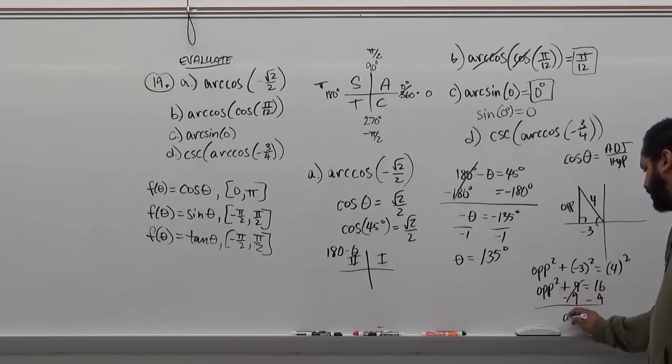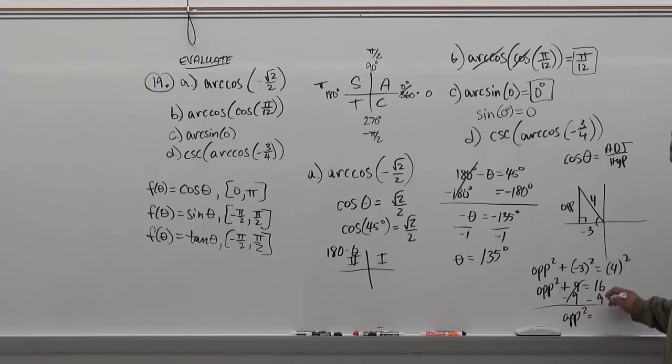This goes away. We get the opposite squared is equivalent to 7. And then the opposite side becomes the square root of 7. And it's usually plus or minus, but in this case we see the opposite side as a positive y value. And so this is the positive radical 7. So the opposite is radical 7.